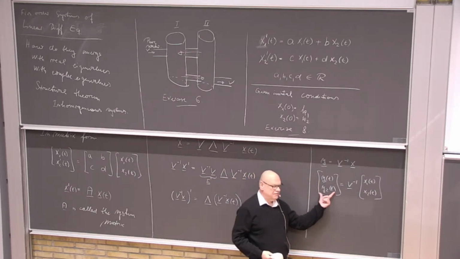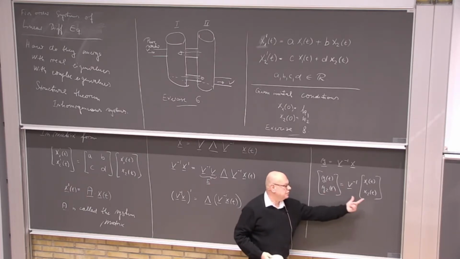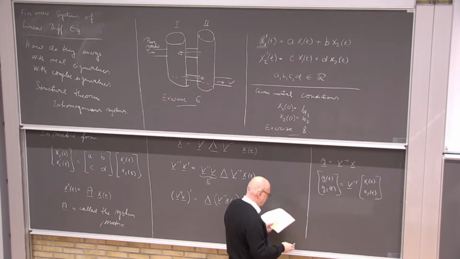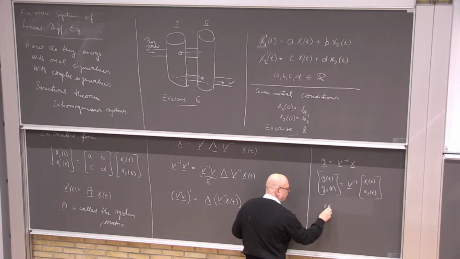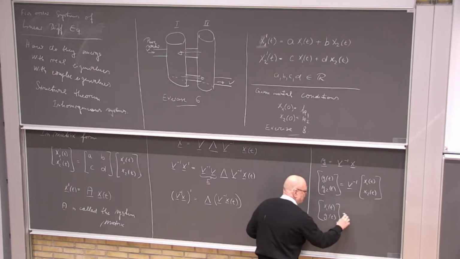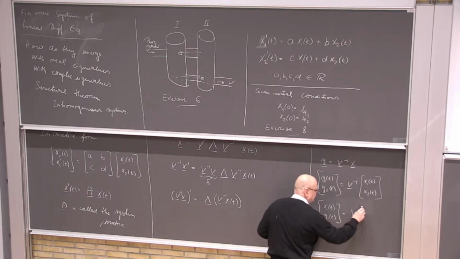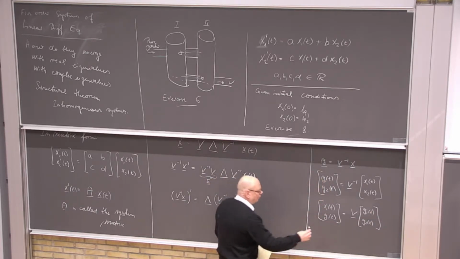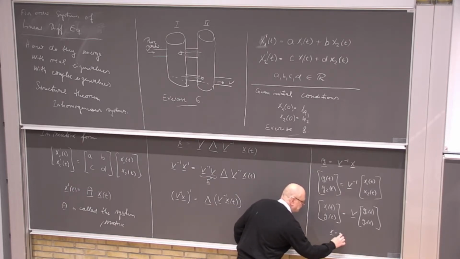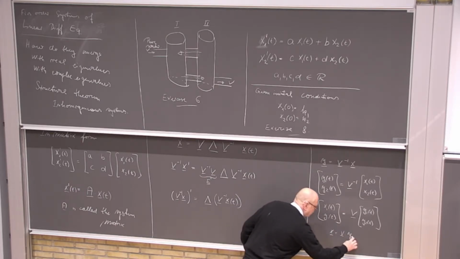But if I was given these vectors here, I could compute the x vector because I could multiply this by the matrix V, and then I get x1 of t, y1 of t is equal to V times y1 of t, like this. I could also write it in short form. The x vector is V times the y vector.